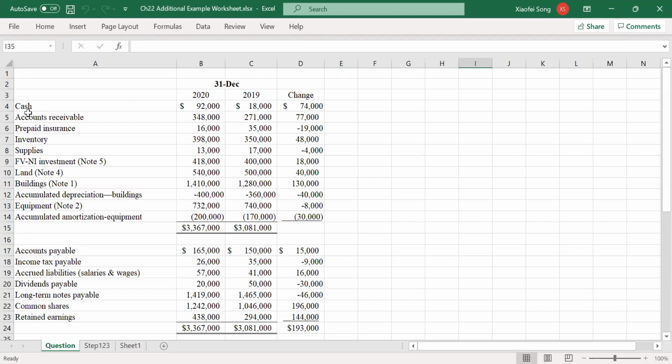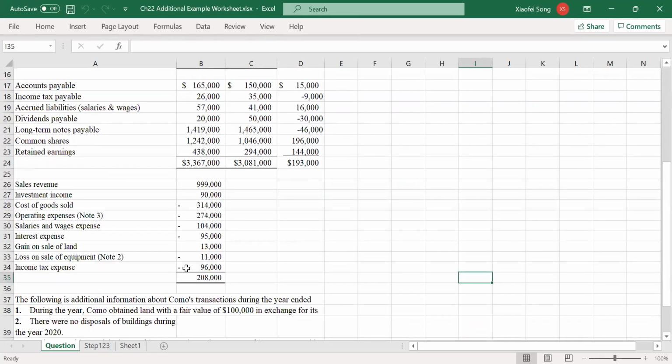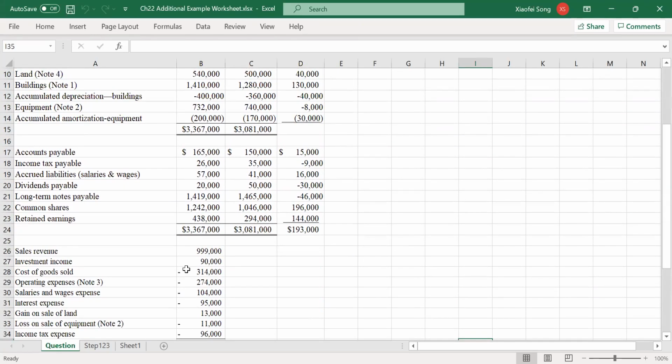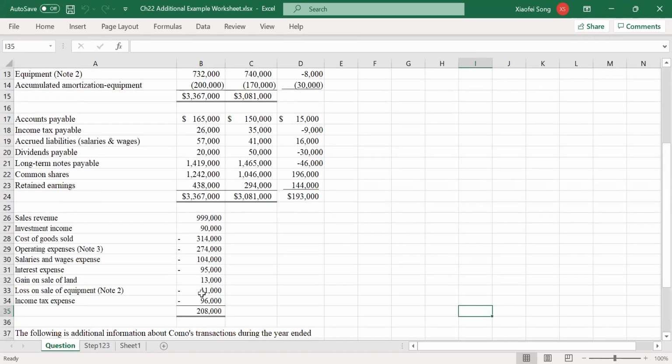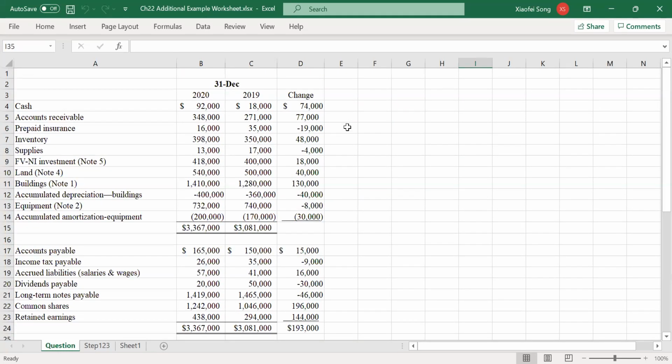So what do we have? We have these 2 balance sheets. That's the minimum. Remember, 2 balance sheets, and we have the income statement, and also some additional information. That's the required information. What we will do is go over this. This is before step 1 of the 4 steps, but it helps set you up in a good position.